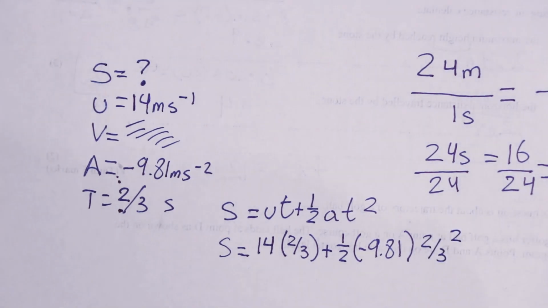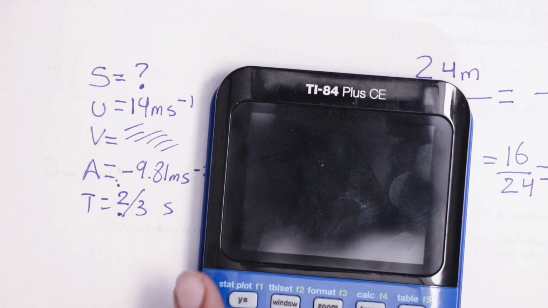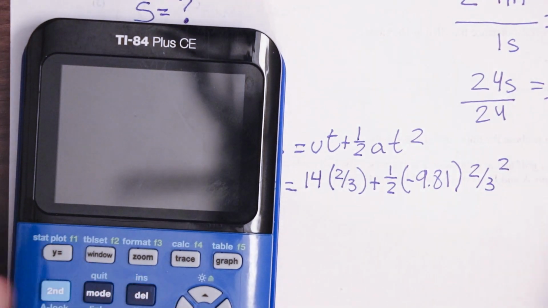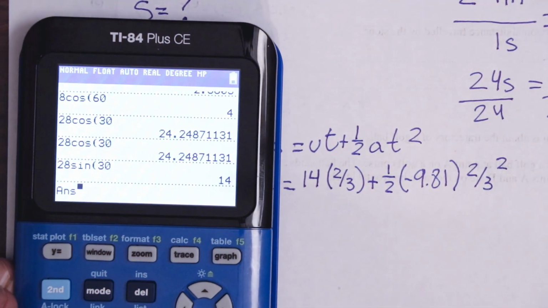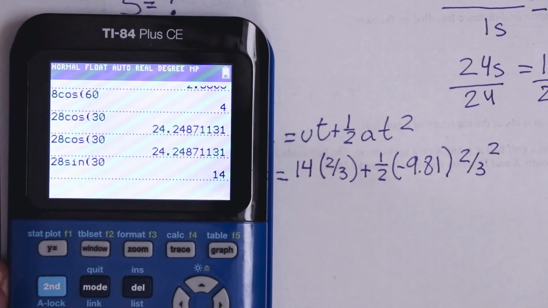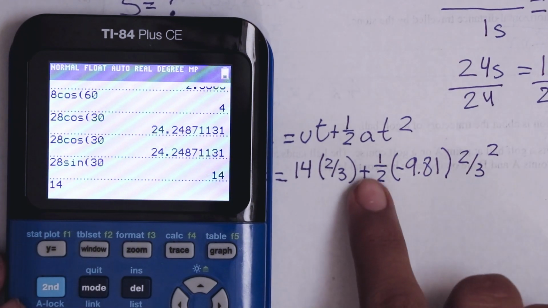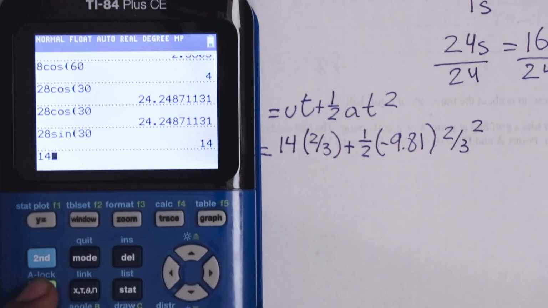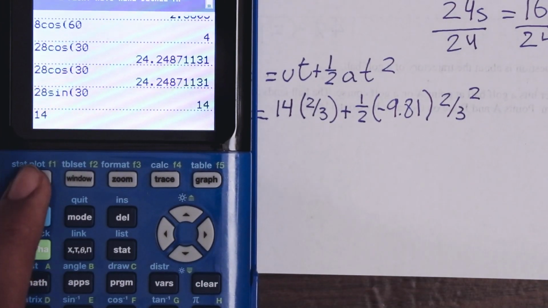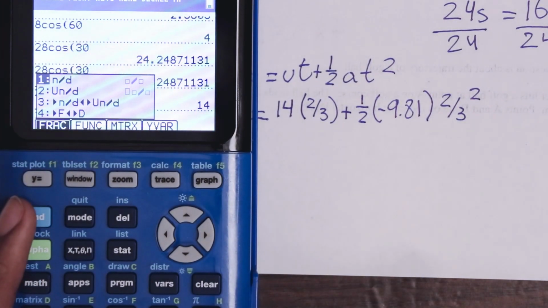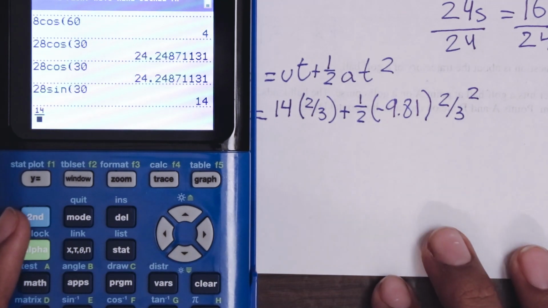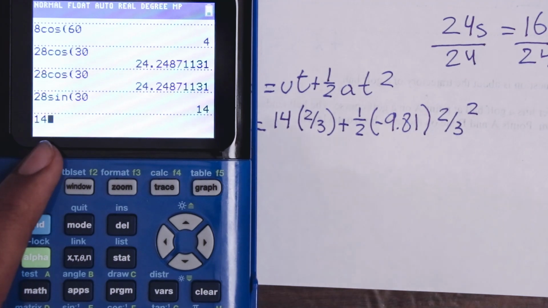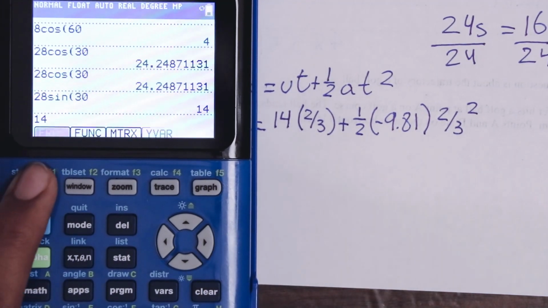Now, we could simplify this, or you could just put everything straight into your calculator, which is way easier. So, let me show you something that some people may not know. You could actually put fractions into your calculator. You go to alpha, y equals, and then enter. And then you can put a fraction in.